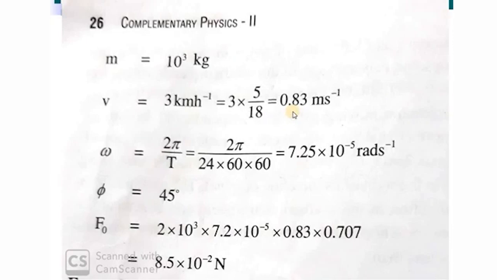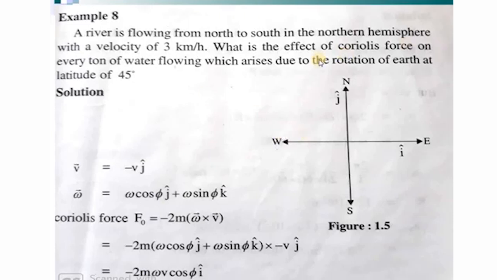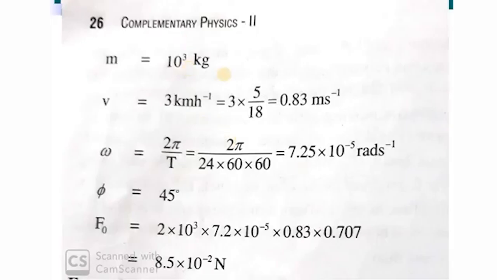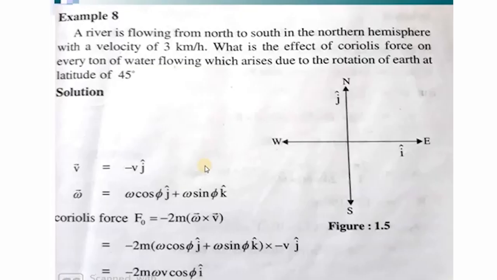And omega is what? 2 pi by T. 2 pi by time period. What is effective due to the rotation of Earth at latitude 44 degree? So time for one rotation is what? 24, okay, one complete day and night, 24 hours.